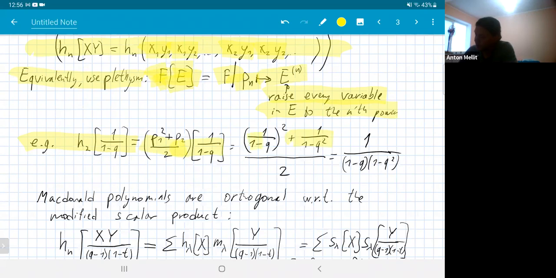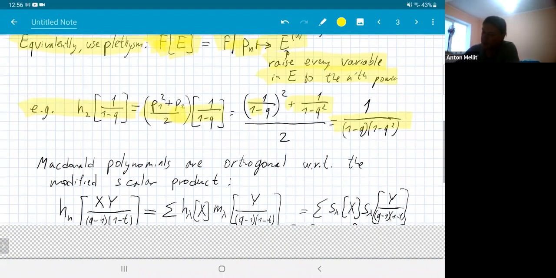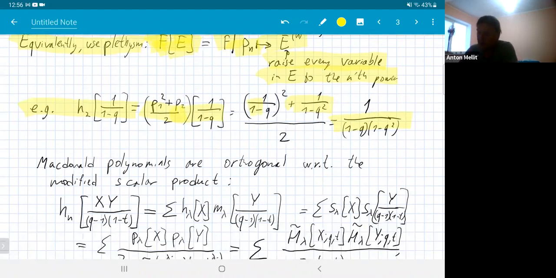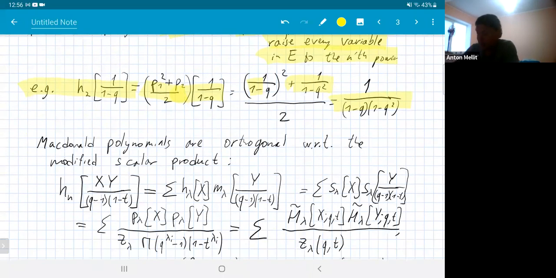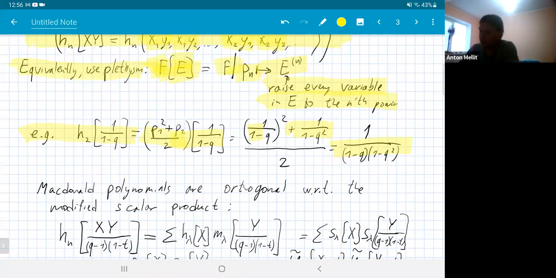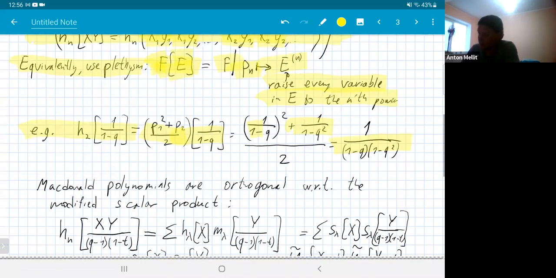And then you get this nice formula. And this is a formula also for h2 evaluated at a sequence 1, q, q squared, and so on. So all this plethystic formalism guarantees that no matter how you do this evaluation, using this definition, like expanding 1 over 1 minus q as a generating series, or using this abstract algebraic recipe, you get the same answer.